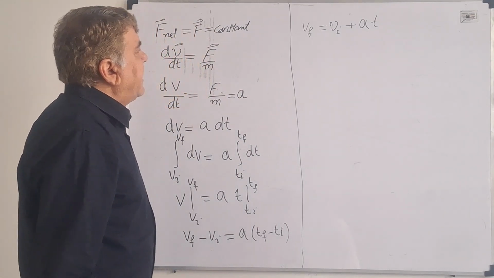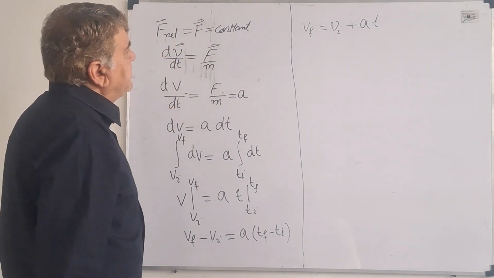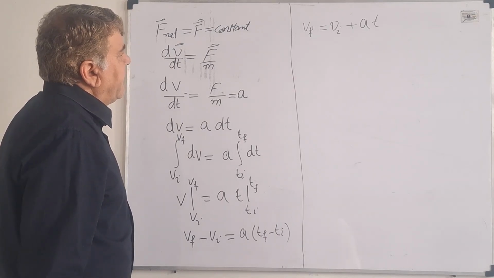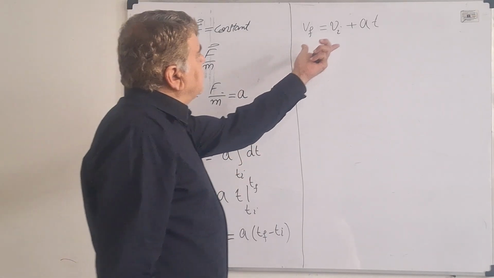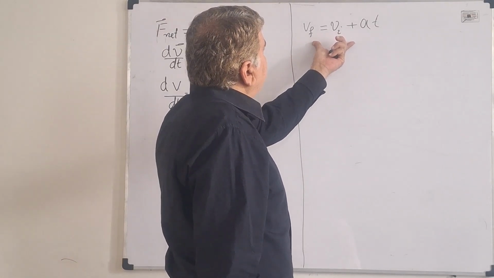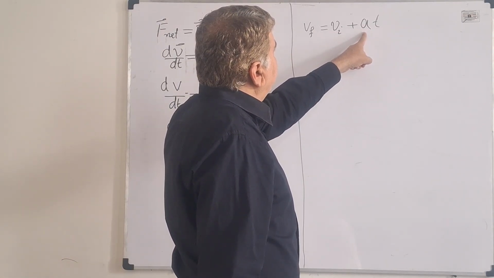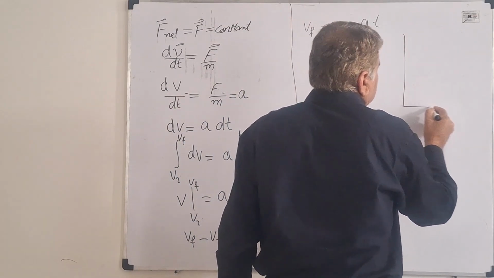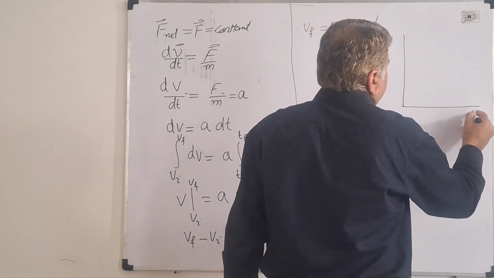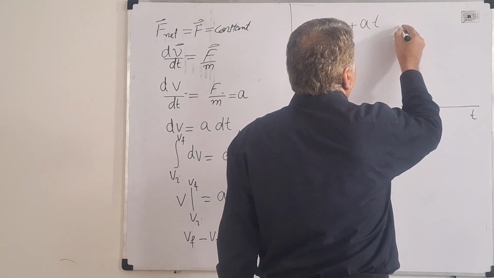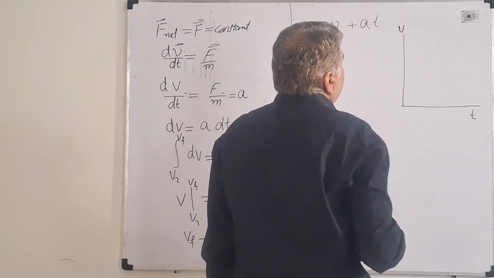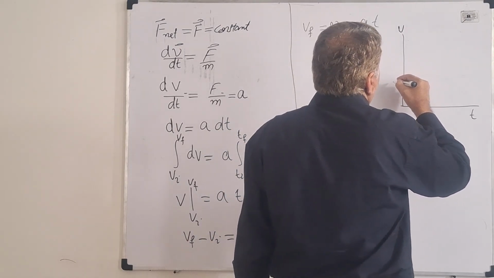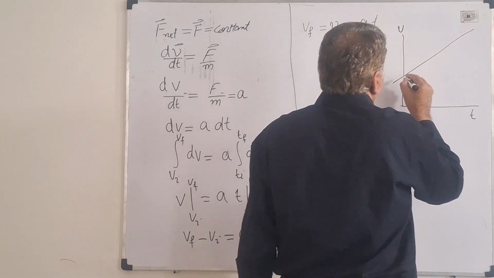So this equation describes the behavior of velocity with the passage of time, and you see this is a straight line equation with slope equal to a. That is, if I plot this equation on the velocity-time plane, I take t over here and v along the vertical, then this is a straight line with vertical intercept at this point.